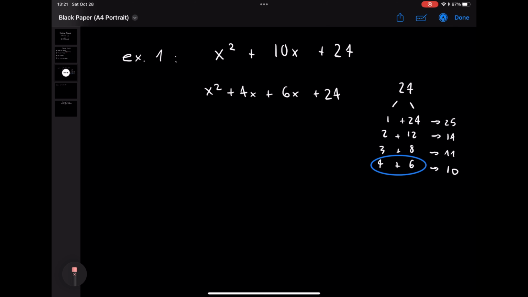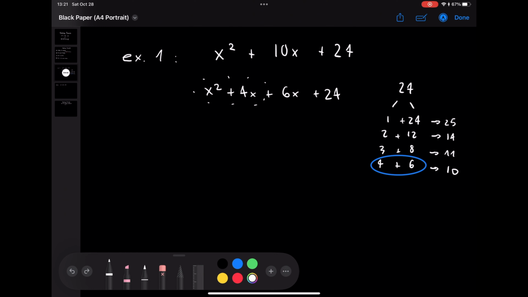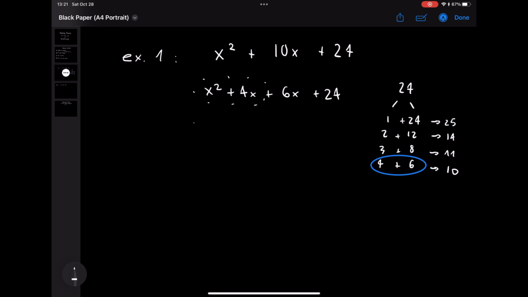So what we can take out here in this first part of our equation is x. So here we've got x plus 4, because the x multiplies with the x to make x squared, and with the 4 to make 4x.